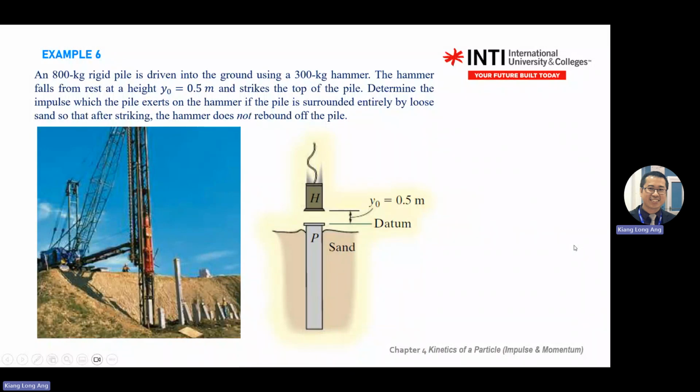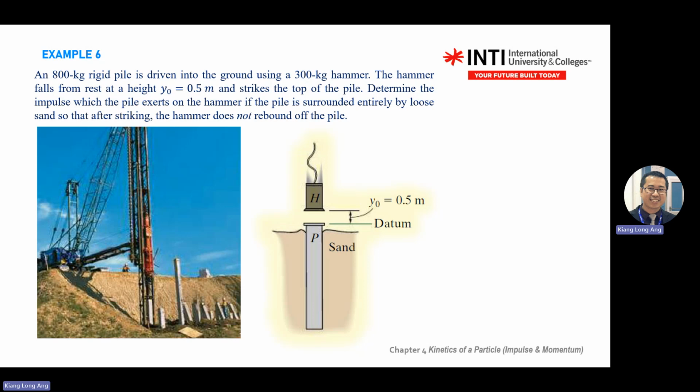All right. Now recap what we learned in the previous lecture. If we use the principle of linear impulse and momentum, you write your equation as the force integrated with time equal to the change of momentum.